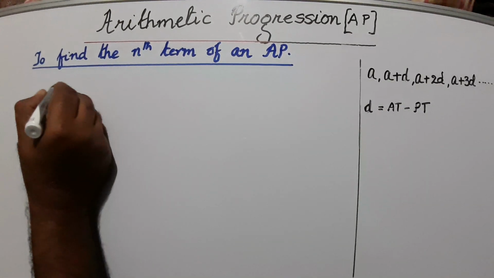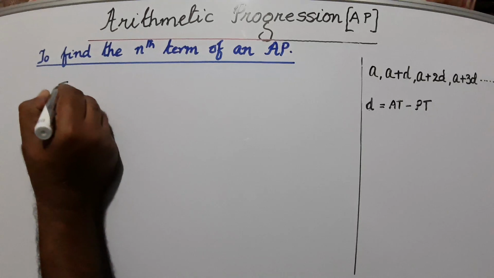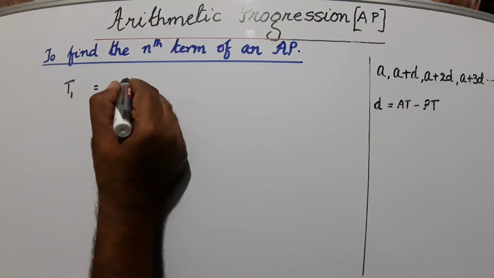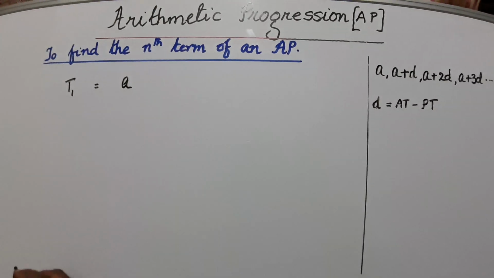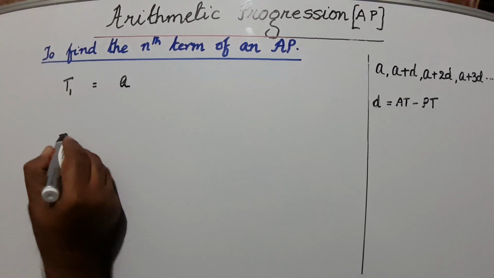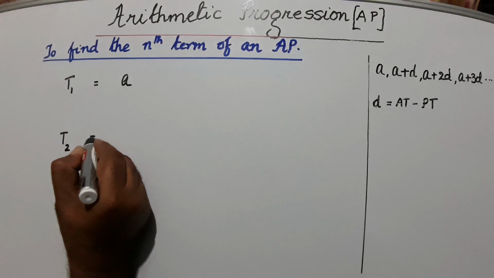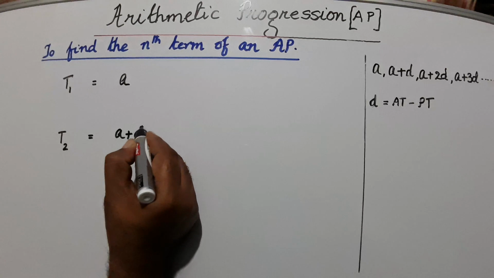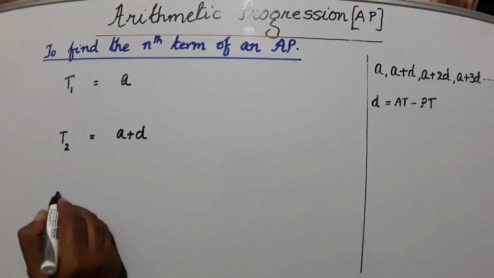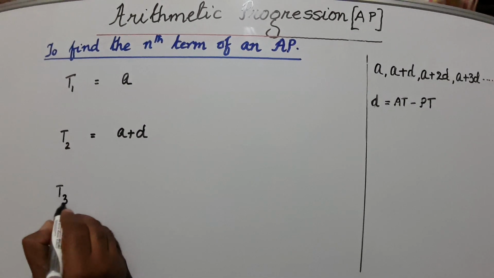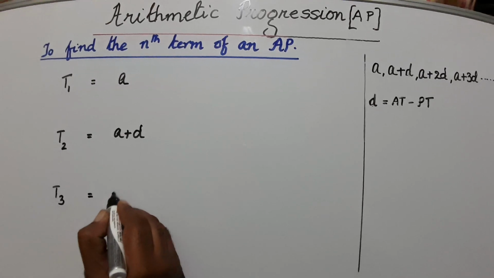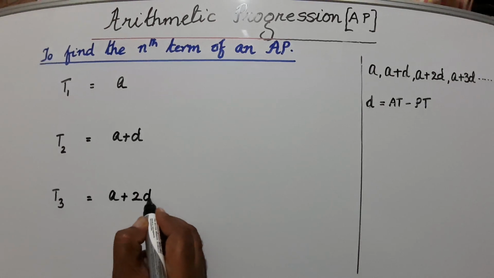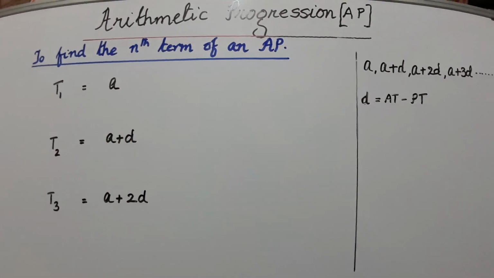The first term is denoted as T1, that is equal to a. The second term, T2, is a plus d. The third term, T3, is a plus 2d, and this continues.